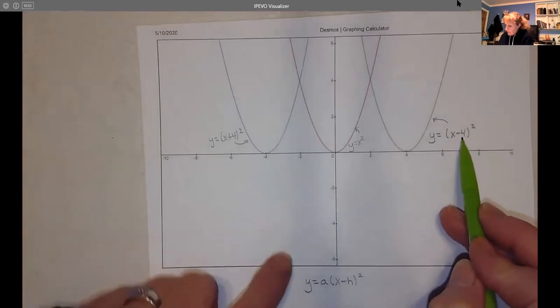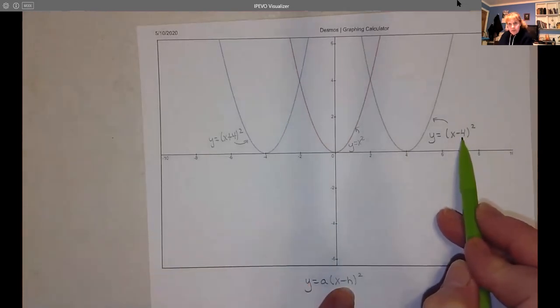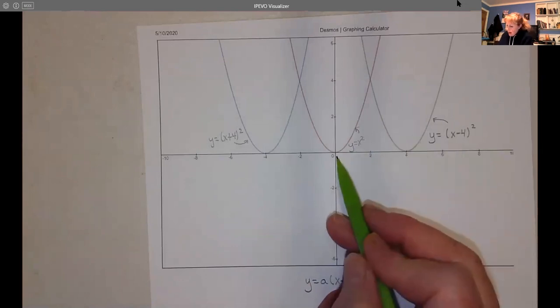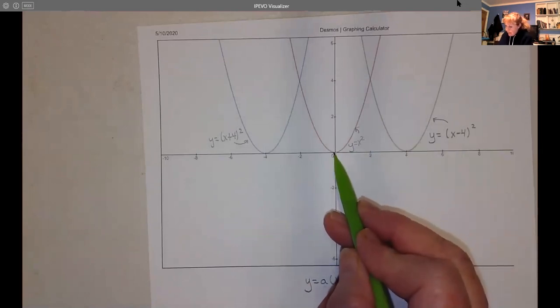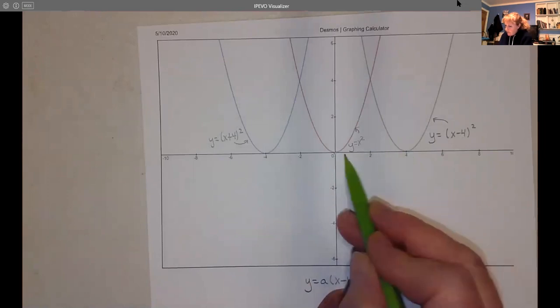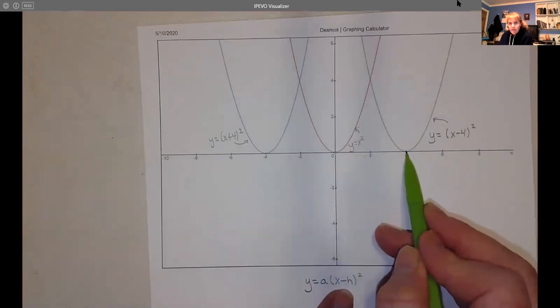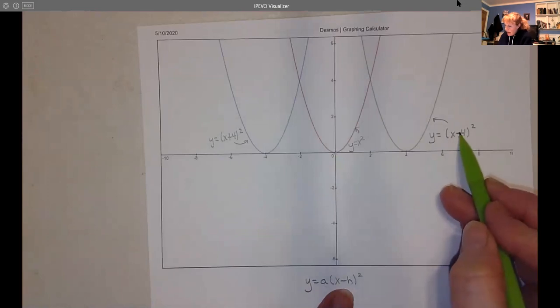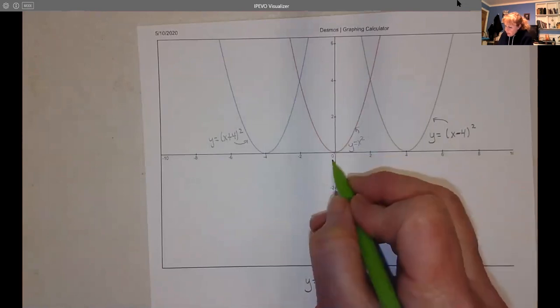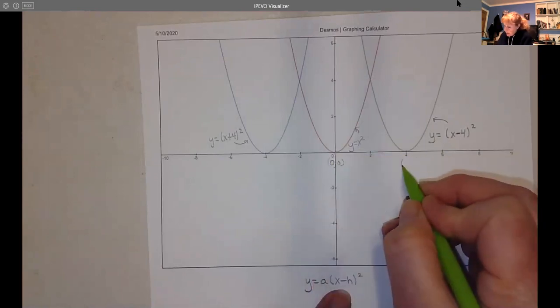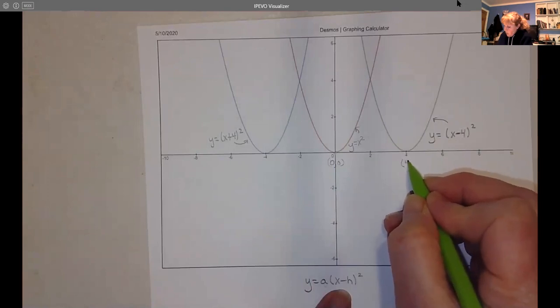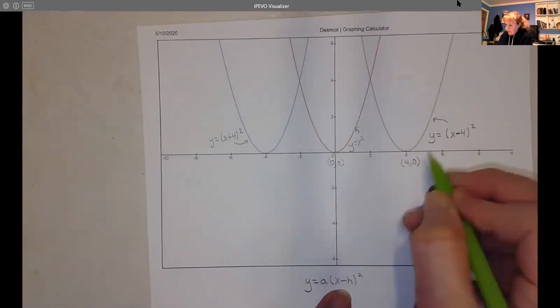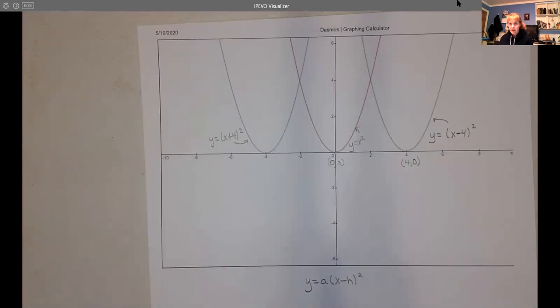In this graph, my H, in this spot, I have a 4. Well, my vertex shifted, and it shifted to the right 4. Even though this says -4, it shifted to the right 4. So rather than the vertex being 0, 0, the vertex is 4, 0, okay?